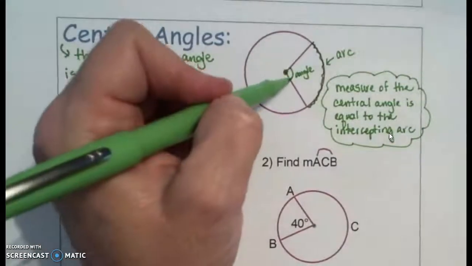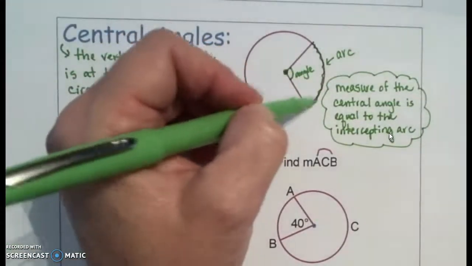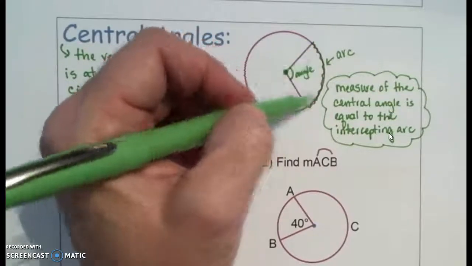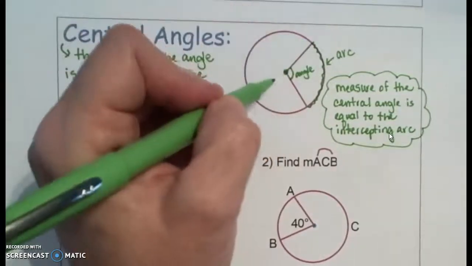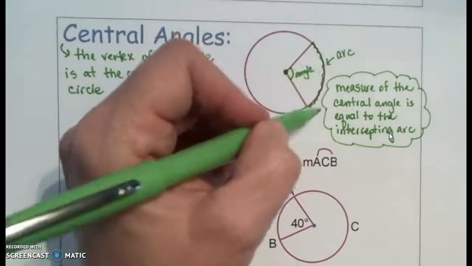Okay, so whatever this angle measure is the same measure of this intercepting arc. So you just follow the legs of the angle out to find the intercepting arc.